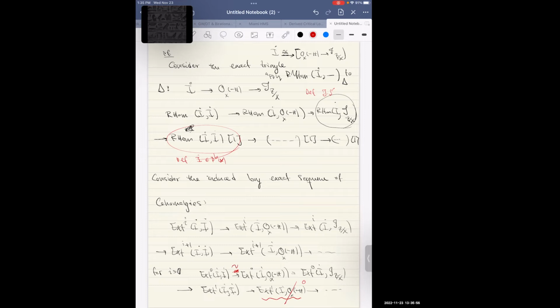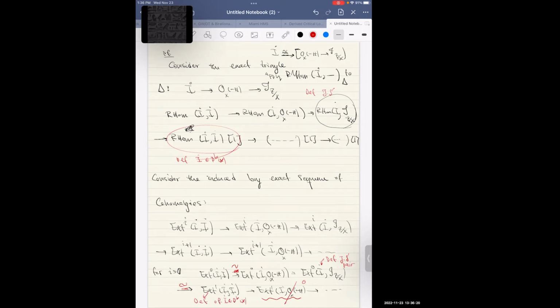And then you can show that this morphism in here is actually going to be an isomorphism. So that means that this map between the two is going to be an isomorphism. And that is enough because this is the deformations of the Joyce-Song pair again, and this is the deformations of I dot in the bounded derived category of X.